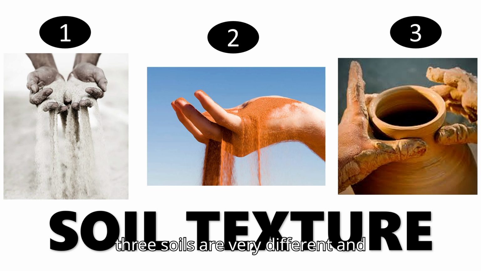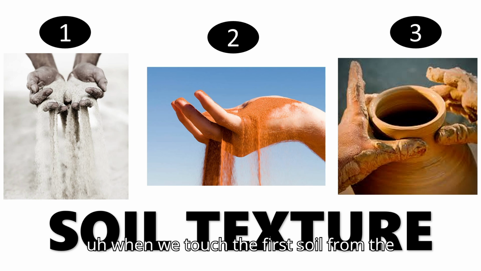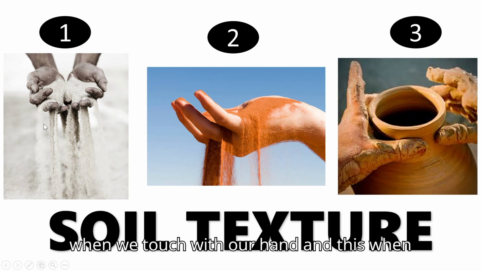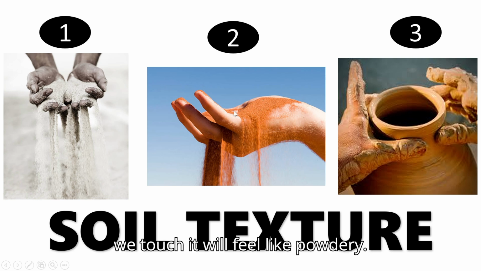These three soils are very different. When we touch the first soil, we feel it is gritty. When we touch the second, it feels powdery, like talcum powder. And this soil, when we touch it, it will stick to our hand.